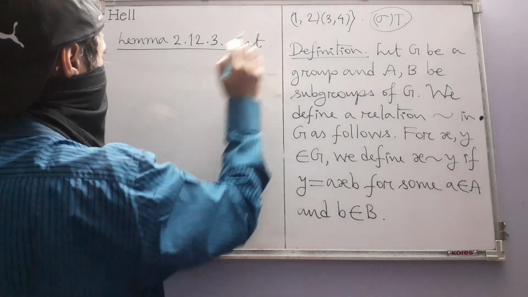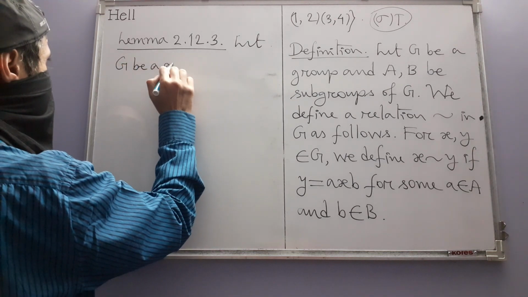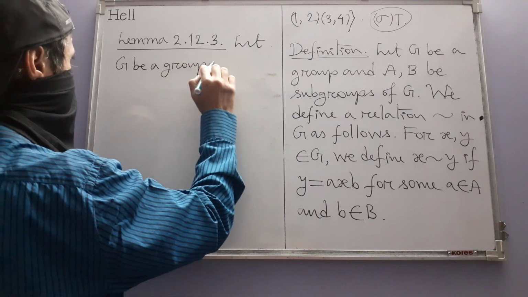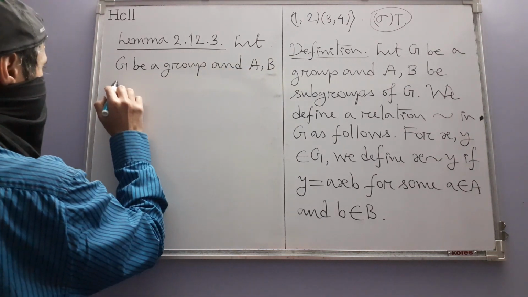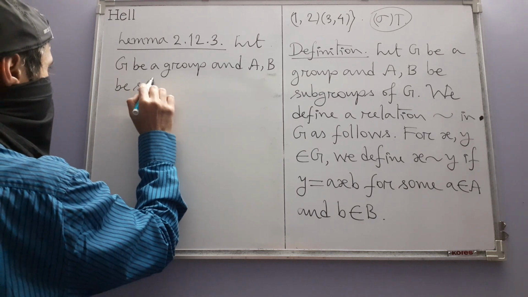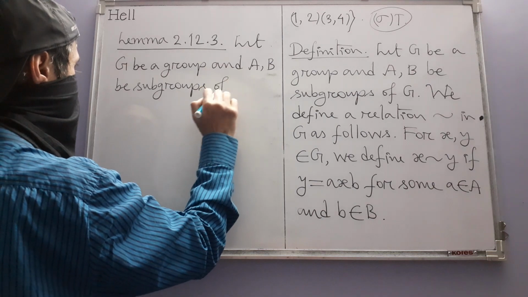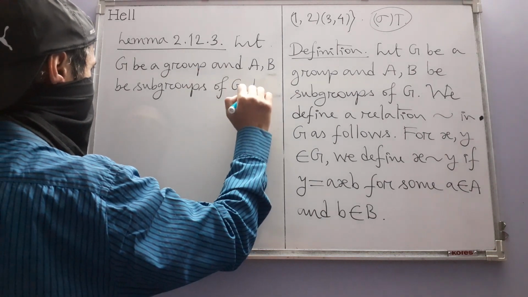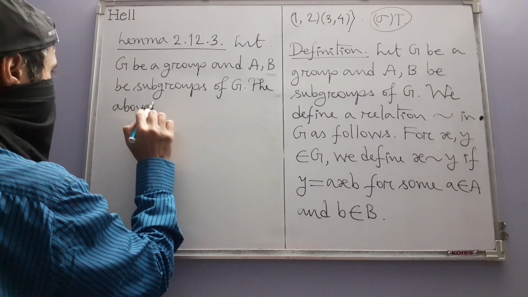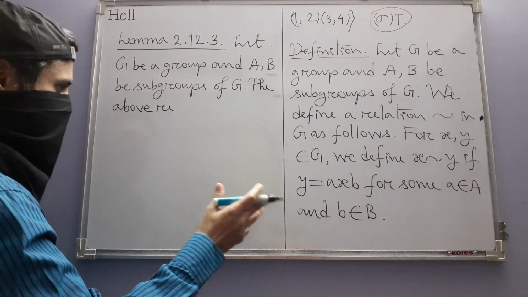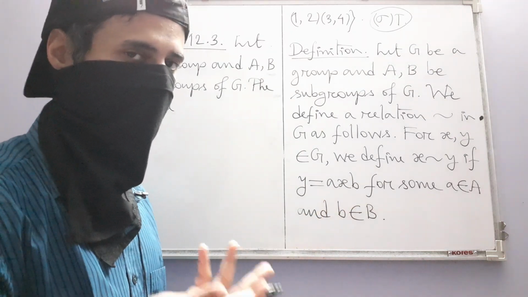Let G be a group and A and B be subgroups of G. The above relation, because we haven't given this relation any name, so we are just simply saying the above relation.